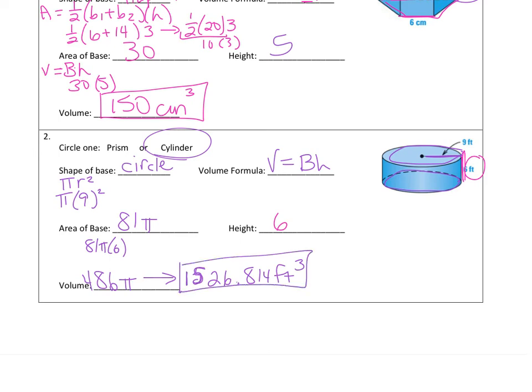Remember, when you look at your shapes, you want to first determine what shape you are dealing with, then look at what formula it is, and then break down the different letters within your formula. If you've got a capital B or an H or some other variables, you need to look for those areas first.